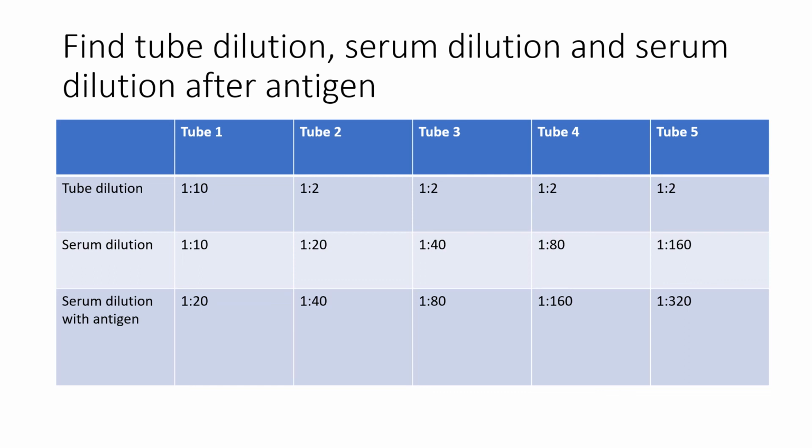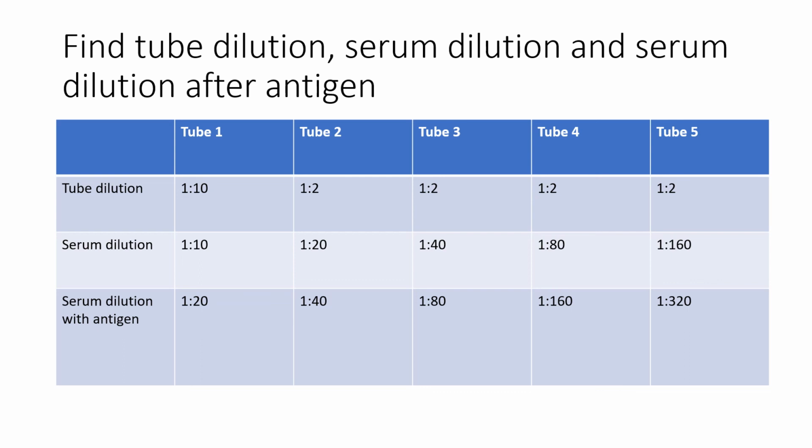We've essentially removed 0.5 mL of volume from all of our tubes, and now we're going to add back 0.5 mL of volume of antigen. So we are further diluting every tube times 2. So our first serum dilution tube with antigen would be 1-to-20. Tube 2 is going to be 1-to-40.